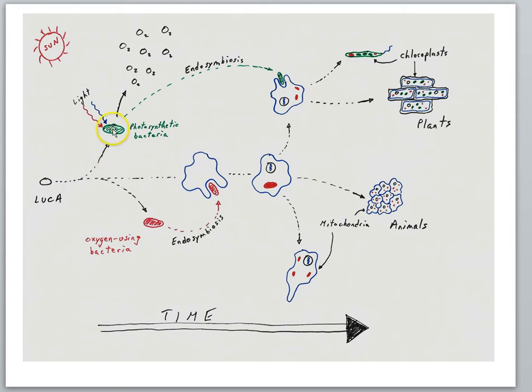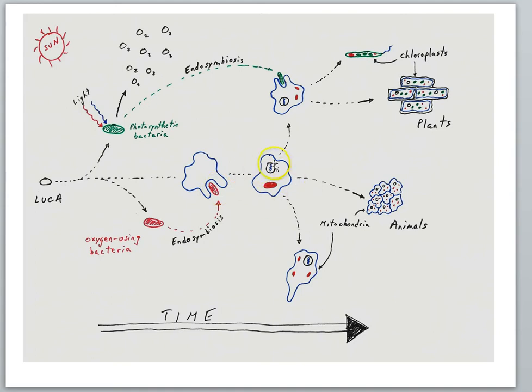But meanwhile, photosynthesis evolved in some bacteria. Other bacteria evolved the ability to use oxygen. And the first endosymbiosis then would have been some larger bacteria eating but failing to digest one of these oxygen-using bacteria. This will be the ancestor of mitochondria.